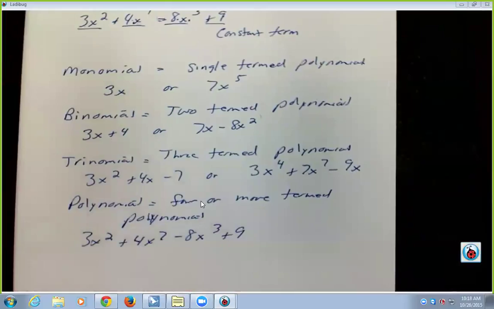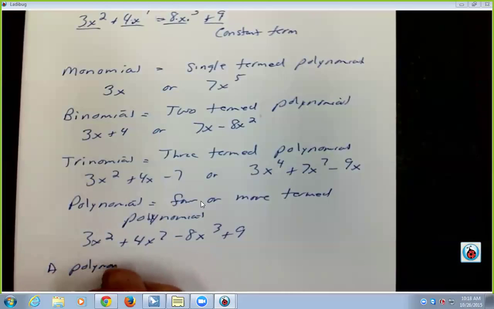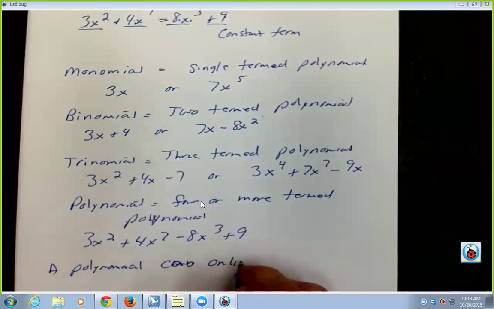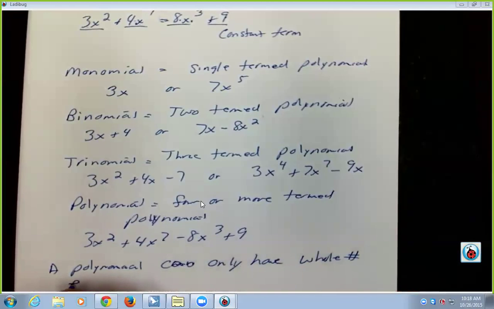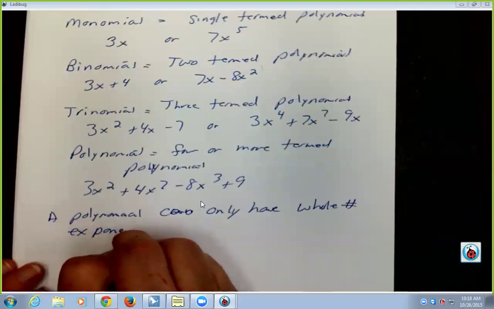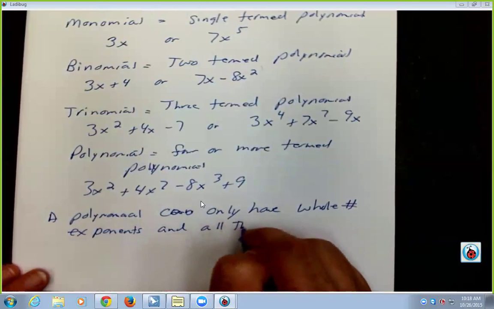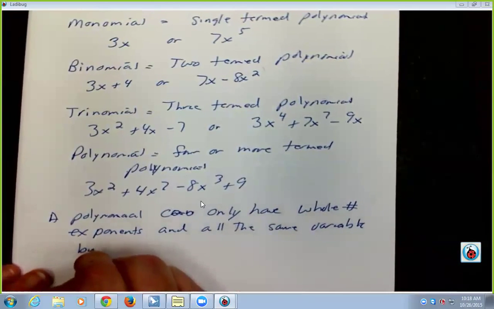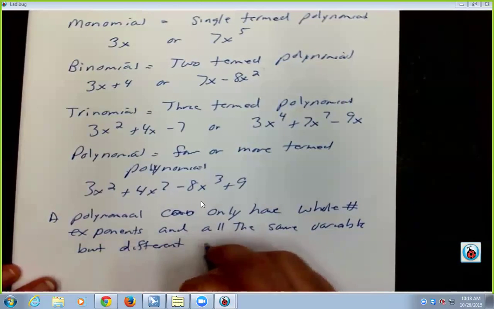So polynomials, if you're looking at what defines a polynomial, a polynomial can only have whole number exponents and all the same variable, but different exponents.